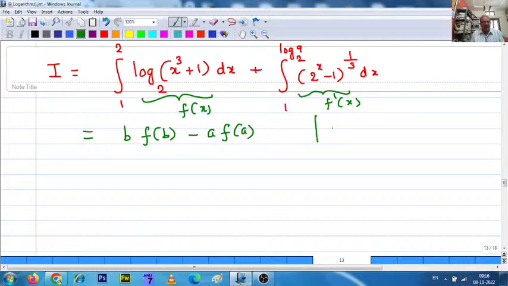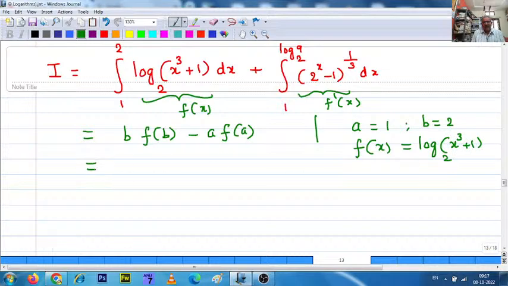So what is b and what is a? a equals 1, b equals 2. What is the function f of x? f of x is nothing but logarithm of x cube plus 1 to the base 2. First substitute the values here. b means 2, so 2 f of 2 minus a means 1, so f of 1.